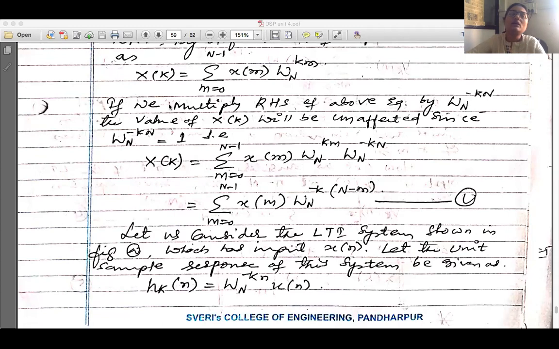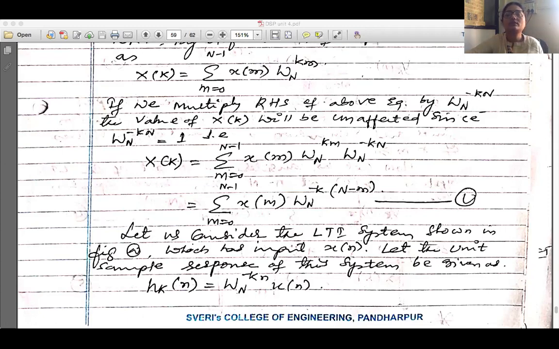So here we multiply both the right hand side and the left hand side by W raised to kN suffix N, because the value of W raised to minus kN suffix N is always equal to 1. I will show you.